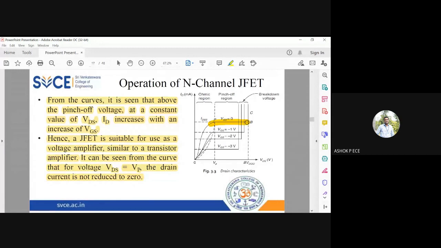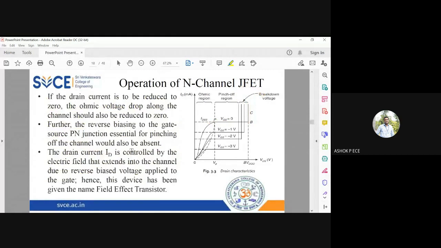Only after breakdown happens do you have an enormous amount of current flowing through your device. So if the drain current has to be reduced to zero, then the voltage has to be reduced to zero. What is the way to make the drain current zero?